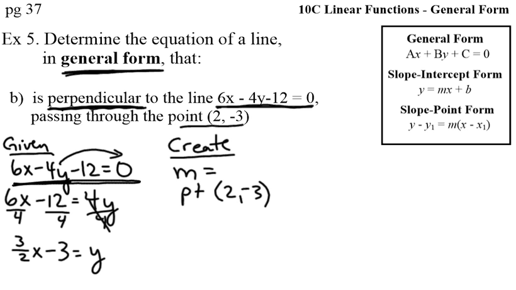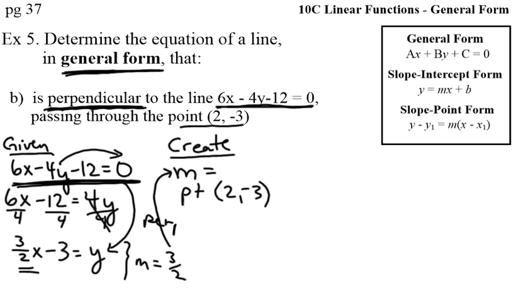My initial given general form in slope-intercept form is helpful because I now know my slope is 3 over 2. That's going to help me with what I want to create. But I want an equation that's perpendicular. So again, if my slope is 3 over 2 here, I need negative 2 over 3 because it's perpendicular.